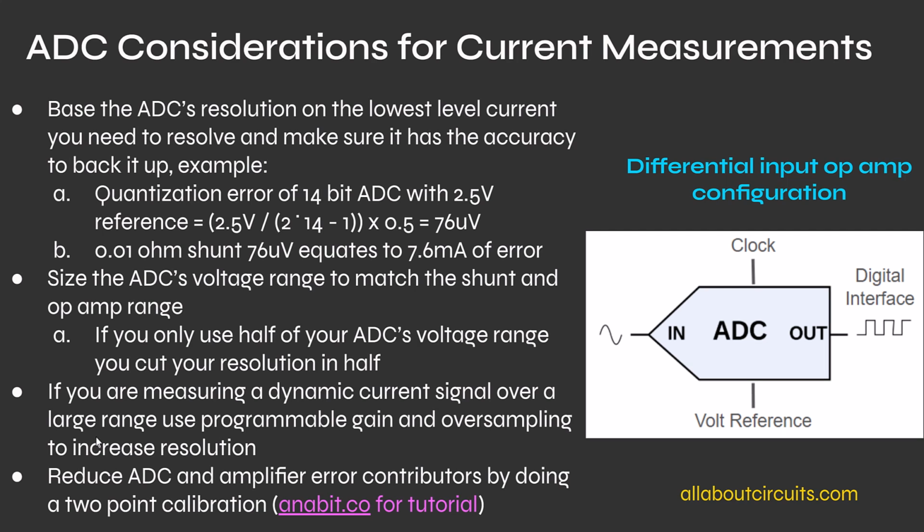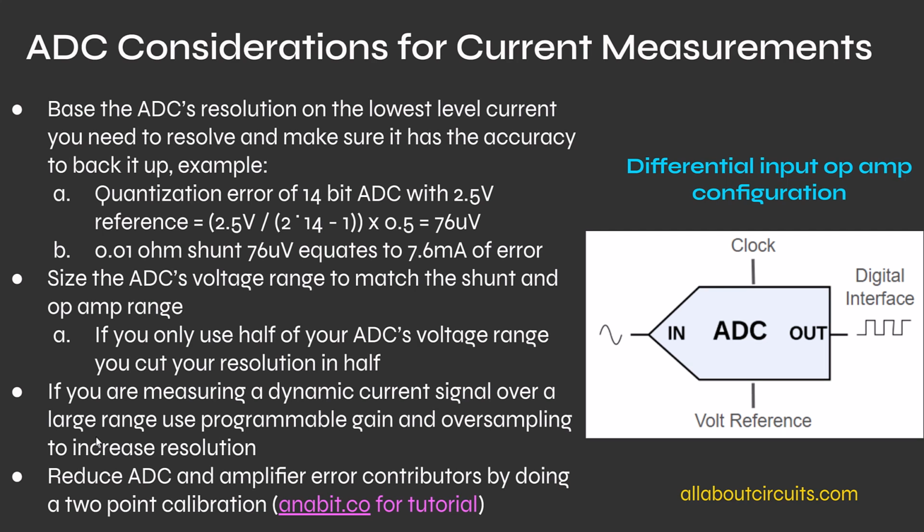So first, let's talk about quantization error. Let's assume that our ADC has perfect accuracy, so the only error is due to its resolution or possible lack of resolution. Let's take a 14-bit ADC as an example, with a 2.5 volt reference, so 0 volts to 2.5 volts is its range.